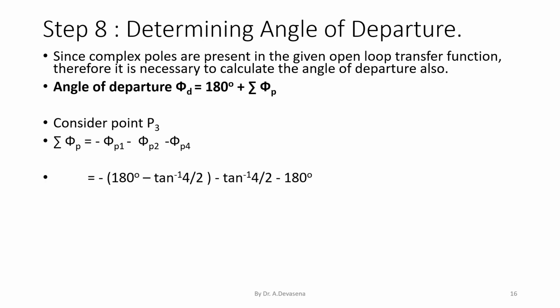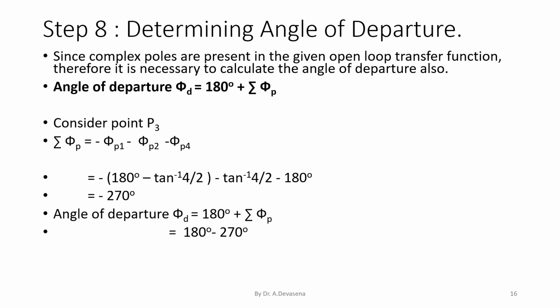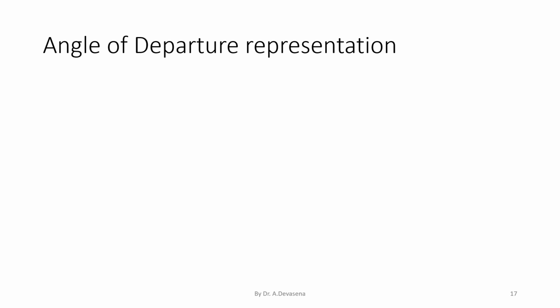That is minus of 180 degree minus tan inverse of 4 by 2 minus tan inverse of 4 by 2 minus 180 degree. Its value is minus 270 degree. The angle of departure is calculated as phi suffix d is equal to 180 degree plus the sum of phi suffix p, that is 180 degree minus 270 degree. Its value is minus 90 degree. The angle of departure representation is given below.